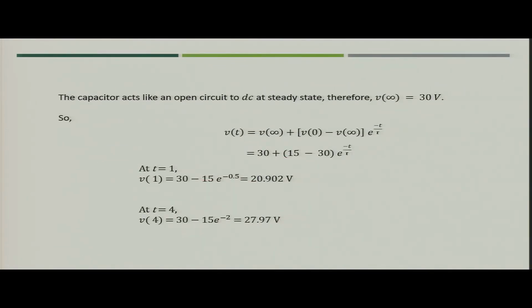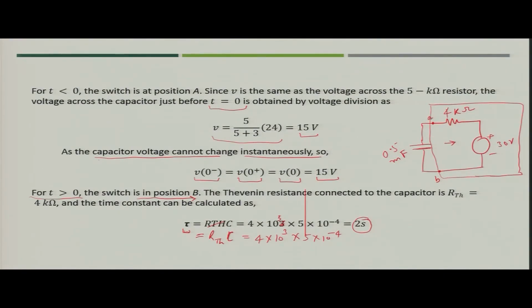Now when you keep the circuit like this for a longer duration, the capacitor will be charged to the voltage V, which is 30 volt. So you can simply say that V at infinity is nothing but 30 volt.